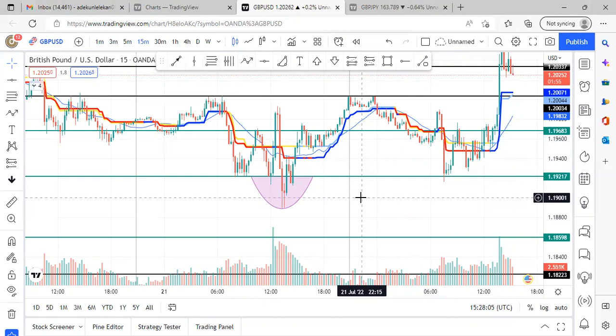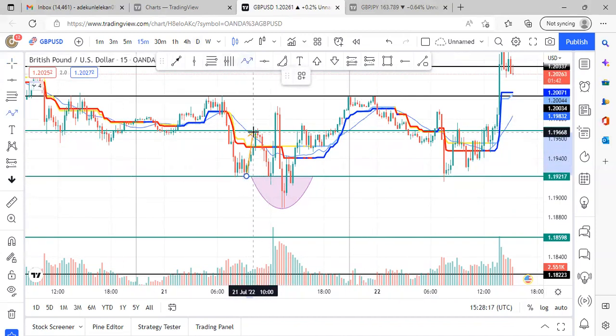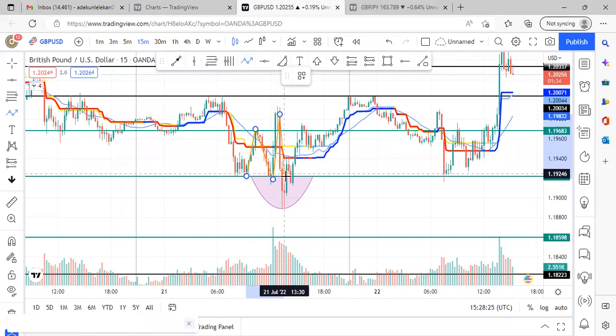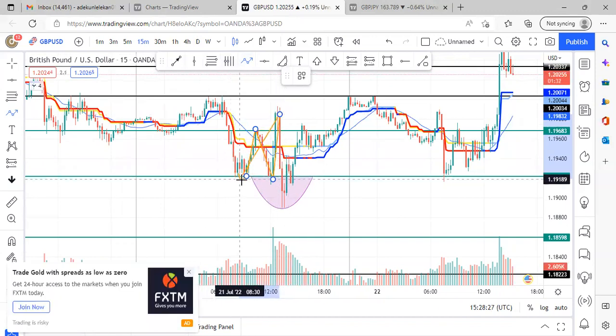The easiest way is to understand what the market is doing at that present moment. So based on this, the market went up, tested the resistance, came back down, broke this resistance, came back down and broke this support, right?